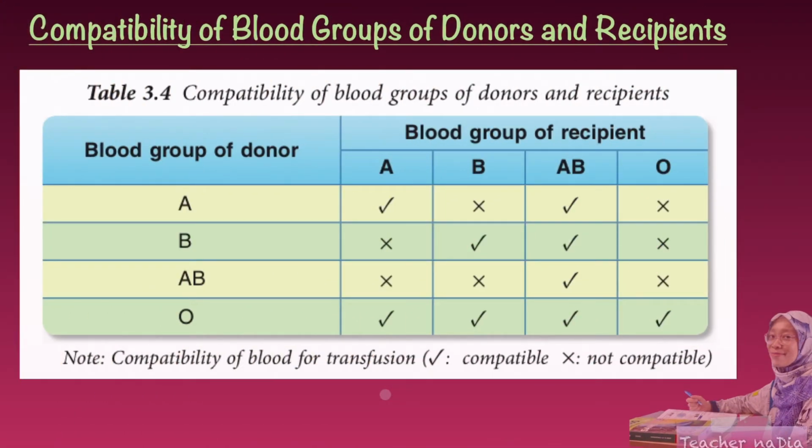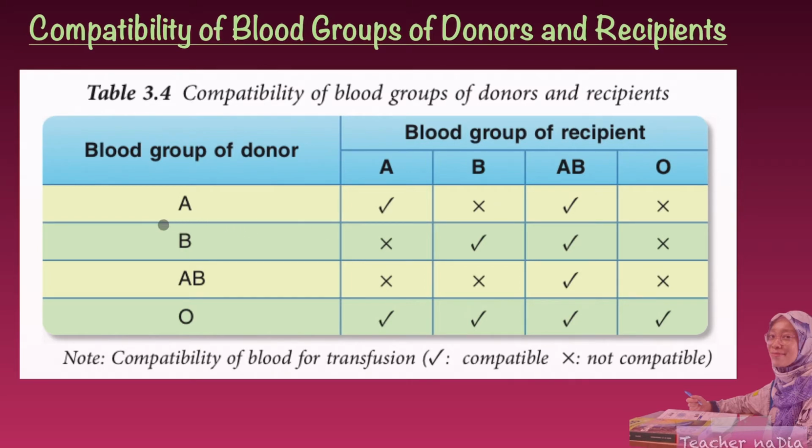This table, table 3.4, shows the compatibility of blood groups of donors and recipients. Let's look one by one. If the donor has blood group A, he or she can donate blood to a recipient with blood group A and also a recipient with blood group AB.